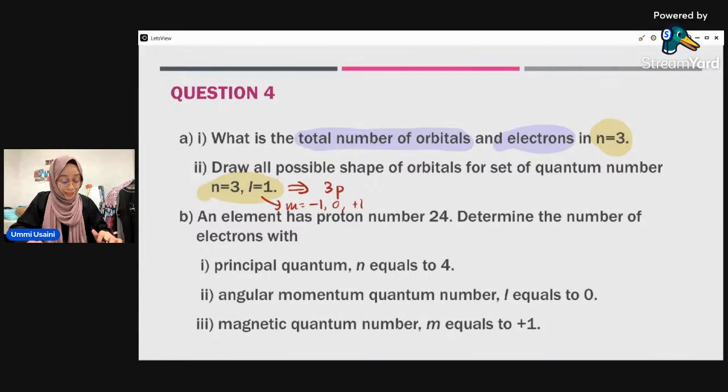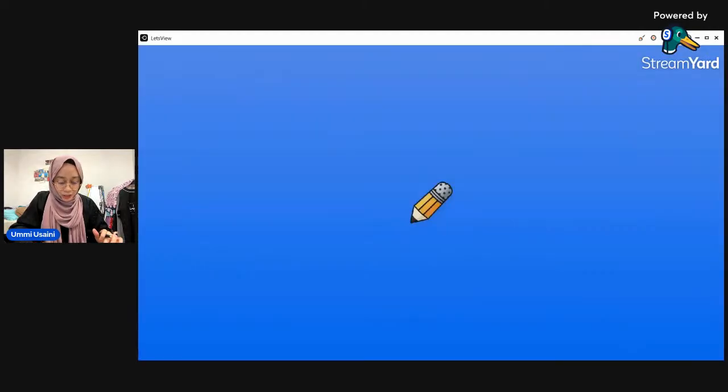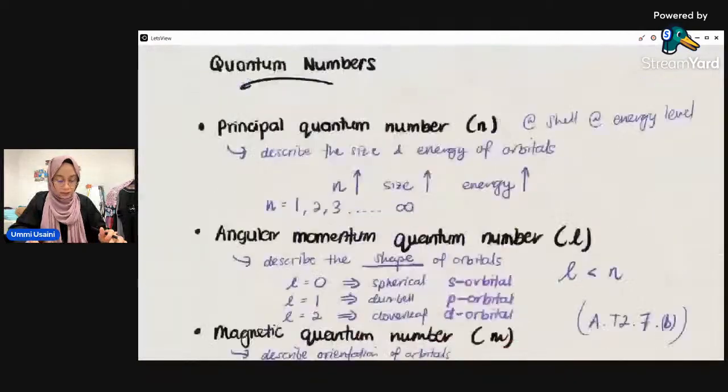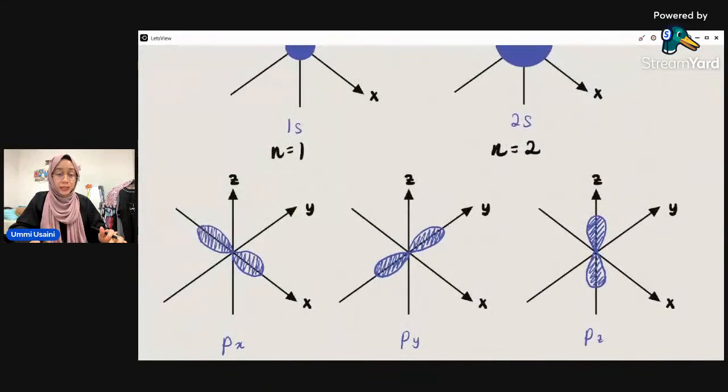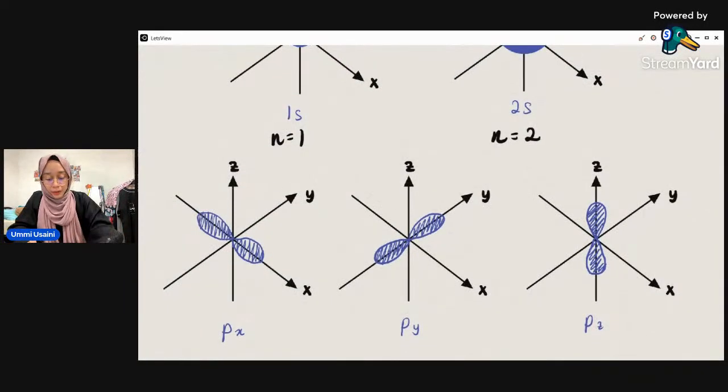Okay, so I will show you my drawing just now. Okay, so you just have to draw yang px, py, pz ni. Okay, tapi make sure kena tulis sekali sebab specifically dia dah mention n equals to 3 kan. So specifically kena letaklah 3. 3p, 3p, 3p. Okay, so 3px, 3py, 3pz.